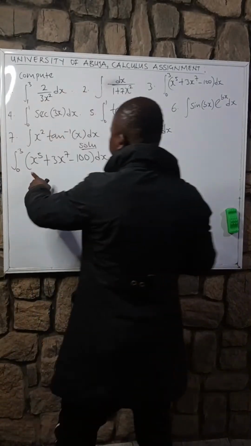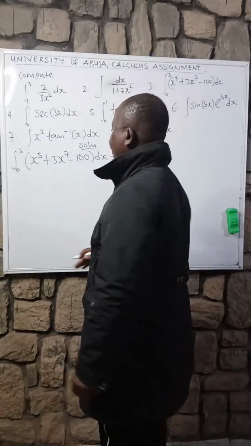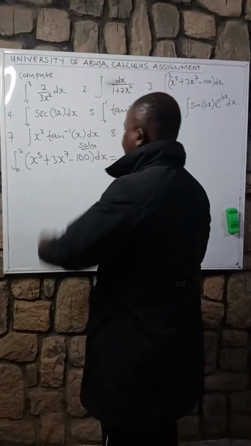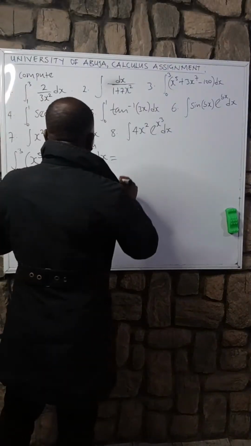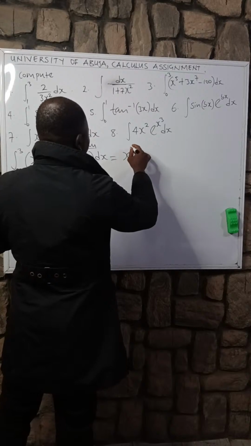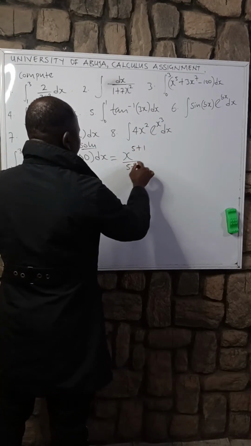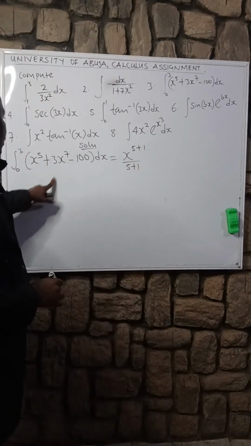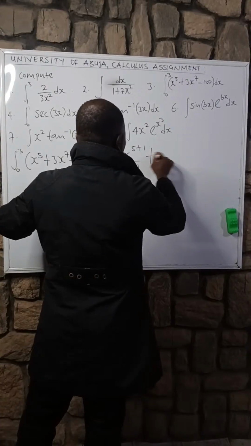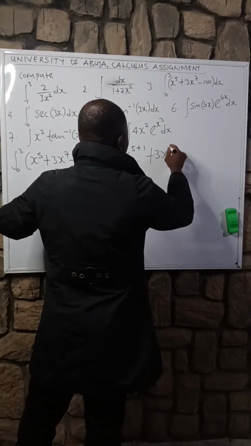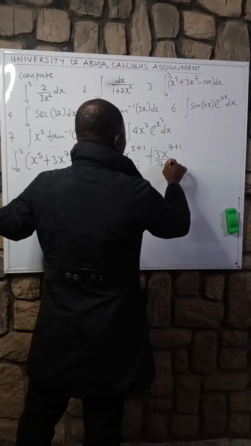So if we are to integrate this function according to the mathematical definition of integration, we are going to have x raised to the power of 5 plus 1 all over 5 plus 1, true, right? Then here we are going to have plus 3x raised to the power of 7 plus 1 all over 7 plus 1.